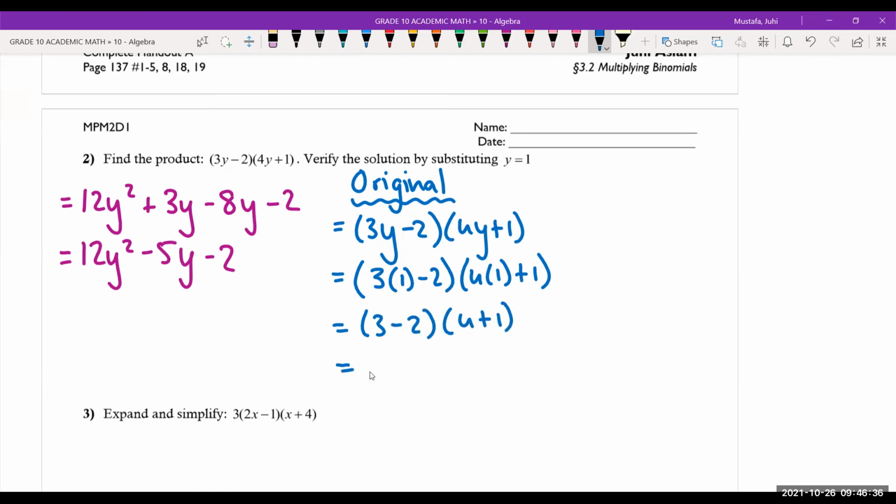And our final answer when we multiply this is just going to be the number 5. So make sure the answer we got for the next one has to be number 5.